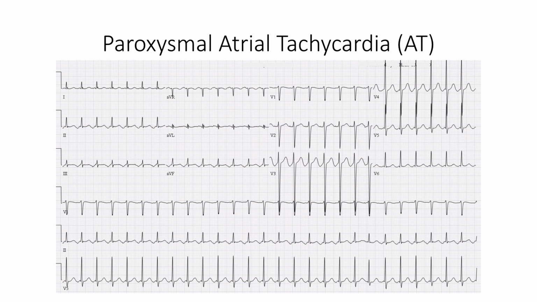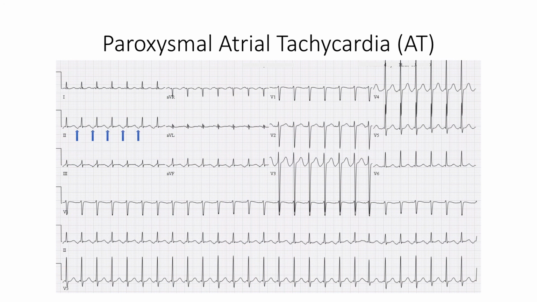Atrial tachycardia is often triggered by conditions that increase atrial inflammation, for example, infections, alcohol use, pulmonary disease, and can be found in patients who received heart surgery or who have congenital heart disease. On the ECG, you typically see a P wave in front of the QRS, although at faster rates the AT actually might exceed the limit of the AV node, and then there can be dropped QRS waves.